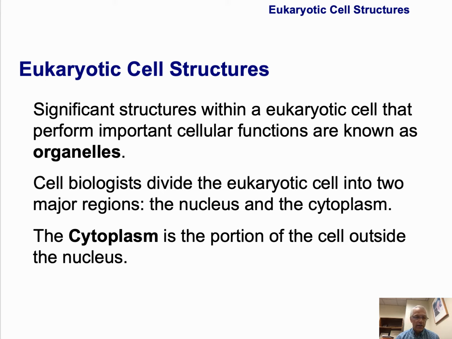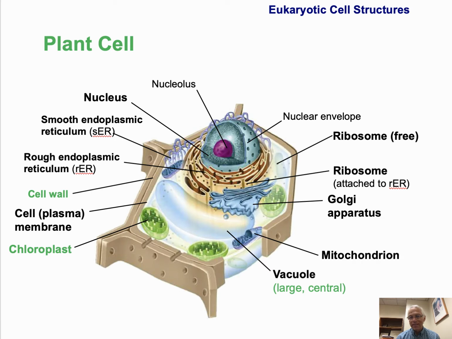And the cells are basically divided into two regions: the nucleus, which is often the largest organelle in the cell, and the cytoplasm, which is outside of the nucleus and within the boundaries of the cell set by the plasma membrane, the cell membrane.